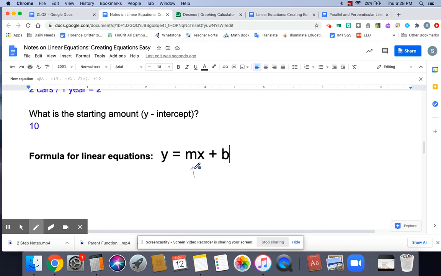We always multiply our slope to the x. So slope is always with the x because it's our growth times how much time has gone by. So if I'm growing by 2 each year, I need to times 2 by however many years have gone by. Then I add my b, my starting amount, my y-intercept.